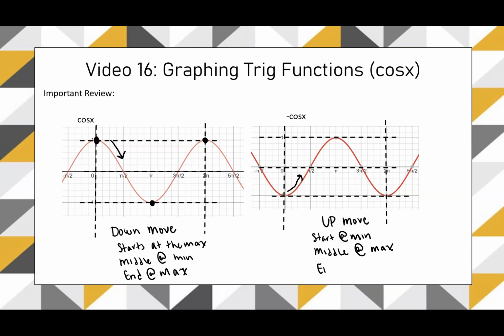And at the end, we are back at the min. So we start at the min, we end at the min, and in the middle, we are at our max. And notice this upward start. All right, let's continue.